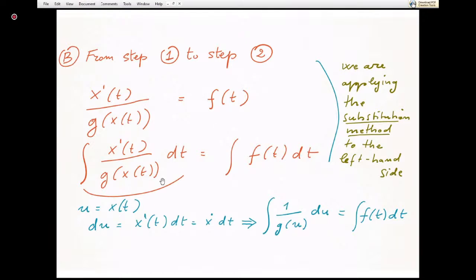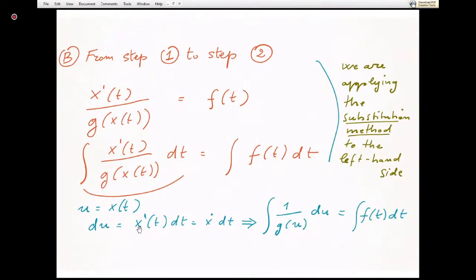Now suppose that we make a substitution. If u is a new variable, which is x of t, what is du? It is x prime of t dt, okay? So this x prime of t dt becomes du. This becomes 1 over g of u du. And on the right side, we have the integral of f of t dt.